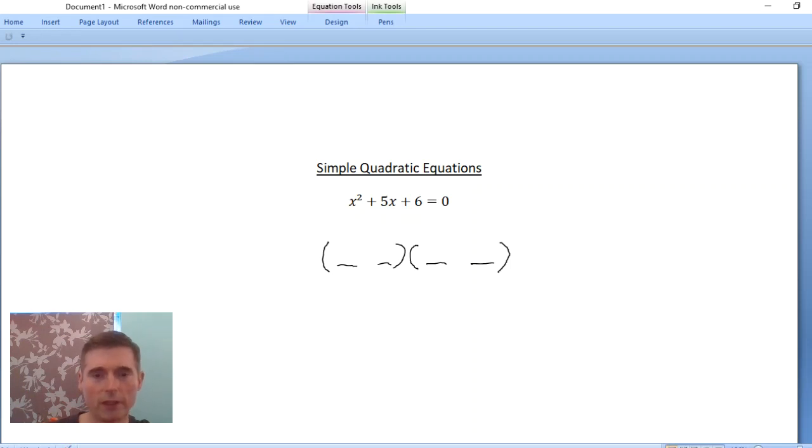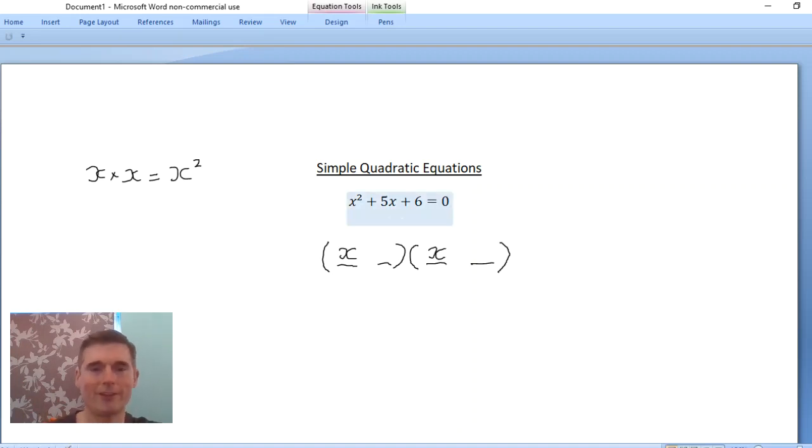Our first term here isn't too difficult to find because when we multiply out the brackets, the first terms must multiply together to give us the x squared in the quadratic there. And we can see, if we do a little calculation at the side, that x times x gives us x squared. So the first term in either bracket is going to have to be an x.